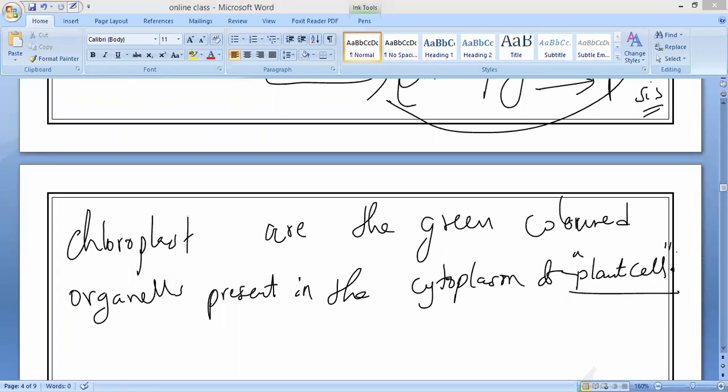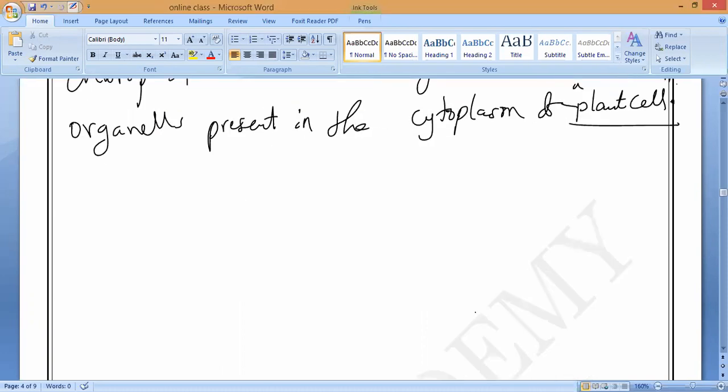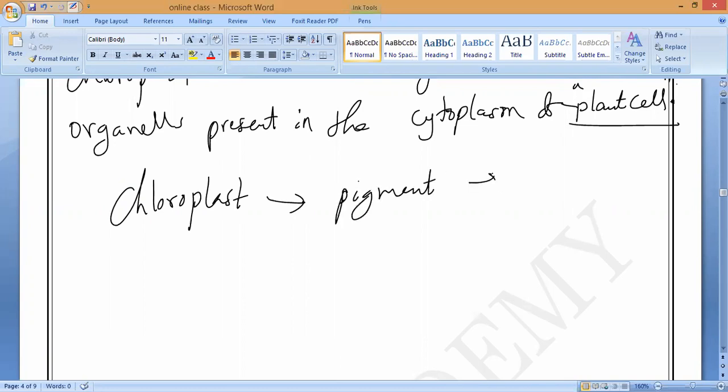So the green color of chloroplast, why are they green? Because of the green color pigment present inside. What is that pigment called? This chloroplast is green because it contains a pigment called chlorophyll.